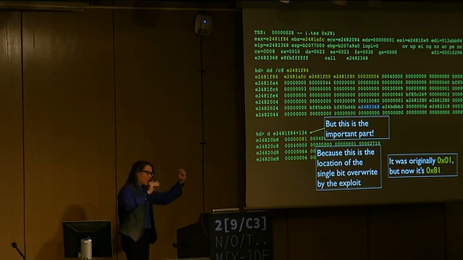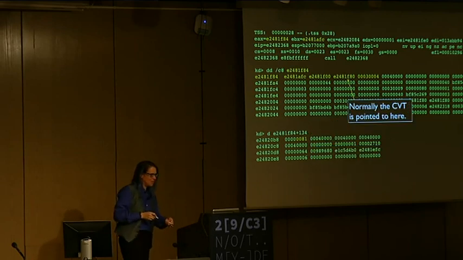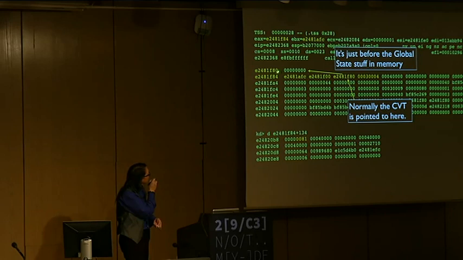What this allows to happen, and I've got a slide, I should probably just go to that slide. The CVT value, at the time this happens, is pointing to right before this structure in memory here. And the length of it is 1 dword long originally.